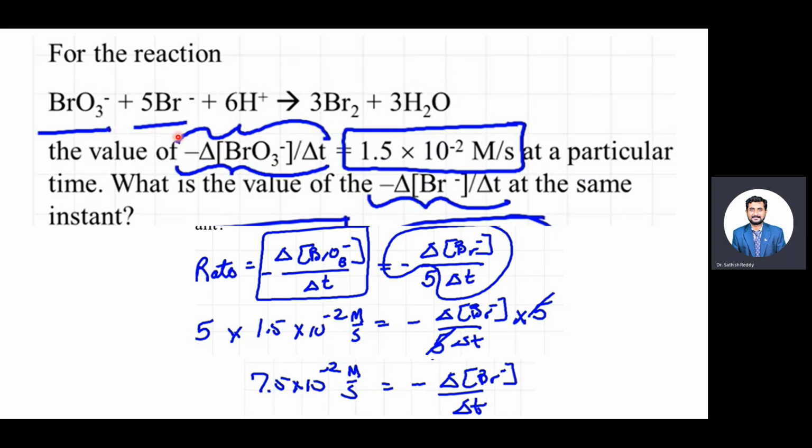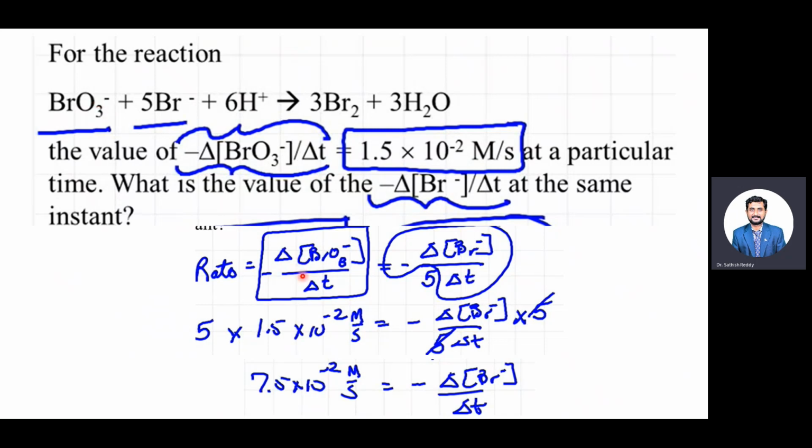For this reaction, the value of delta BrO3- by delta t is equal to 1.5 into 10 to the power of minus 2 moles per second at a particular time. What is the value of delta Br2 by delta t at the same time? So they have given the rate of this one.